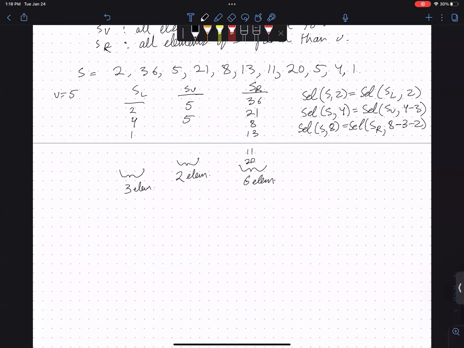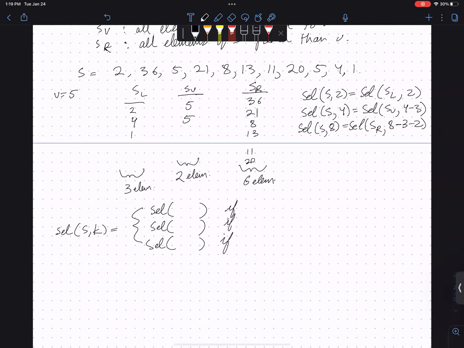But let's write this down a little more formally. So selection SK is equal to, so there's going to be 3 cases. In the first case, it's when k is less than or equal to the size of the left guy.